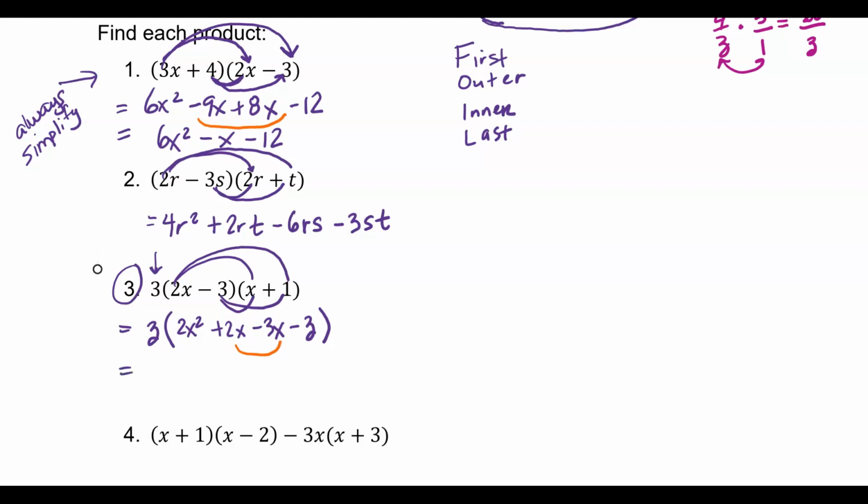So if we take care of what's on the inside first, let's rewrite 3 times 2x squared, 2x minus 3x are like terms, minus x minus 3. Now let's go back and multiply 3 times everything in the parentheses, which would give us 6x squared minus 3x minus 9. And that is our final answer.